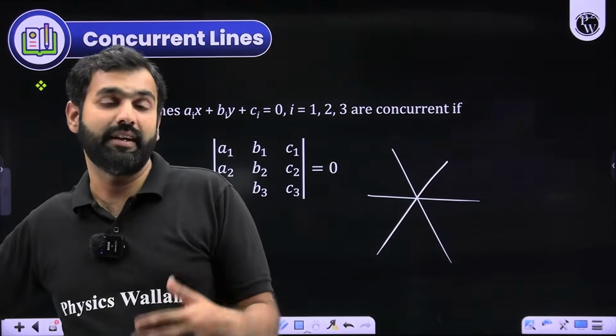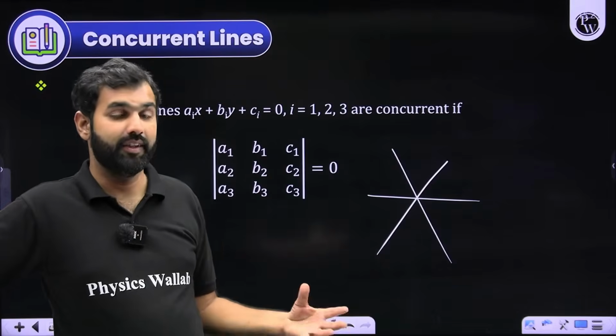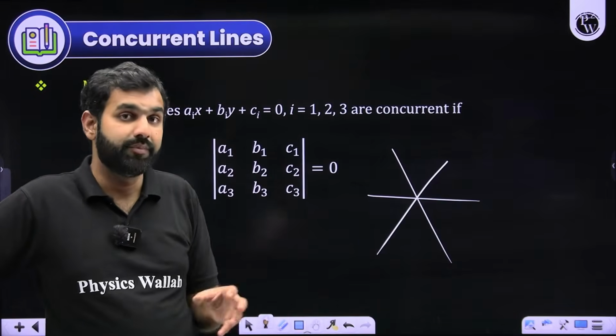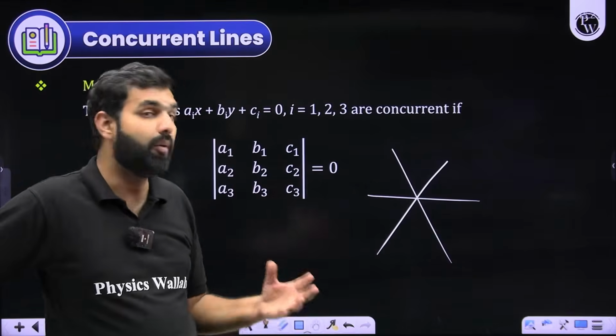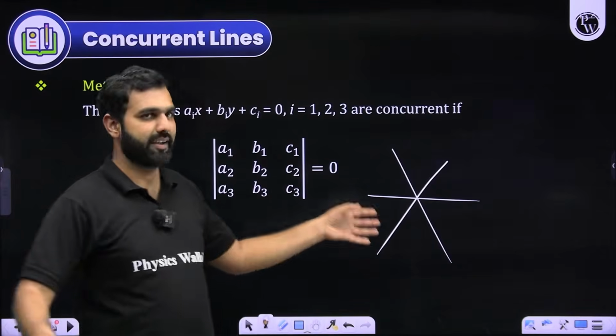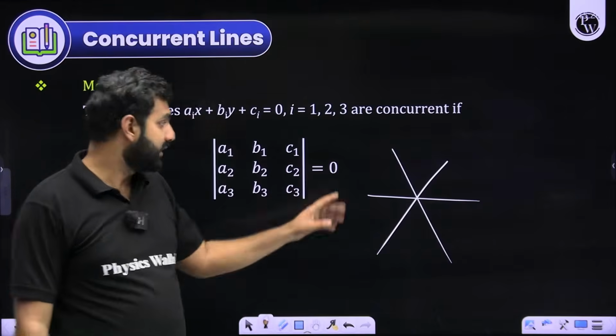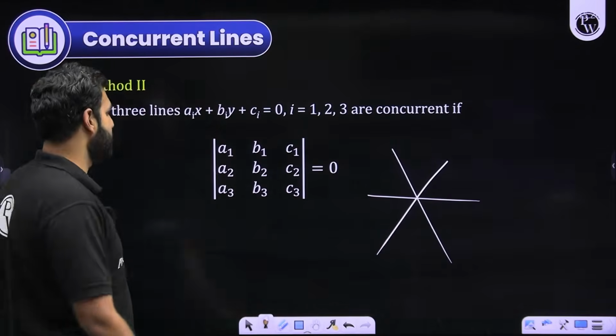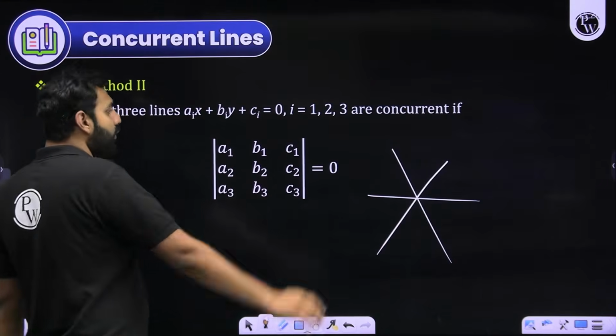The way angle bisectors pass, they form the incenter. The way perpendicular bisectors pass, they form the circumcenter. The way altitudes pass, they form the orthocenter. In the same fashion, if there are three lines and they are concurrent, which means they pass through one single common point of intersection, then the determinant of the coefficients will be 0.